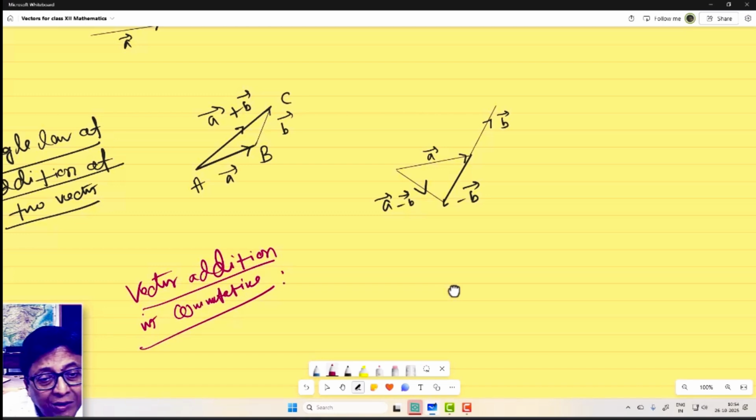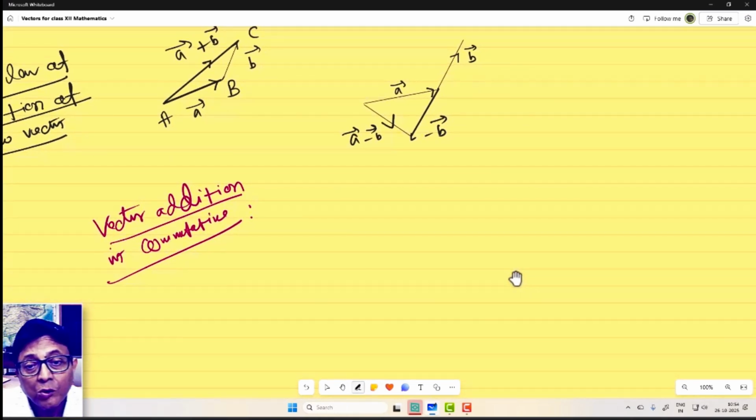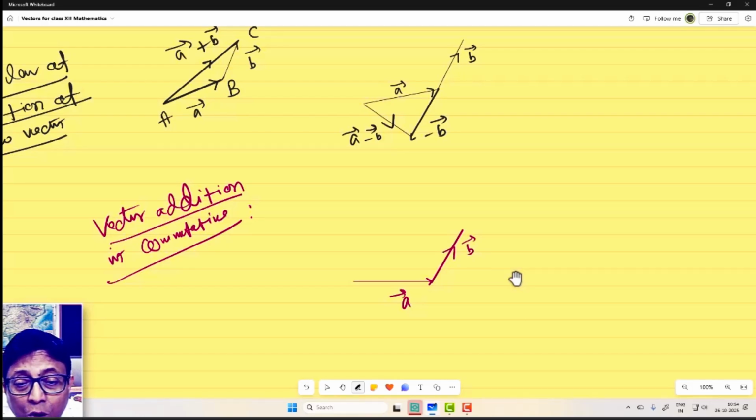How will you prove it? What we will do here, we take this vector as A and this one as B. Then you know by triangle law this one represents A plus B.